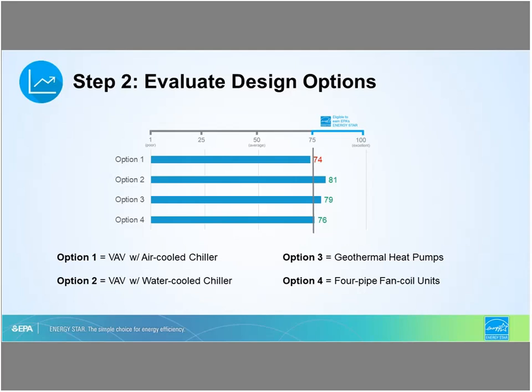You can see we're actually a little bit surprised that option 2 with the water-cooled chiller actually outperformed the geothermal heat pumps in terms of the Energy Star score. And we're going to explain why here in a few screens. But that's a good example of why it's important for us in K-12 design to really run these numbers through Energy Star and see on a 1 to 100 level how each one is comparing to one another.